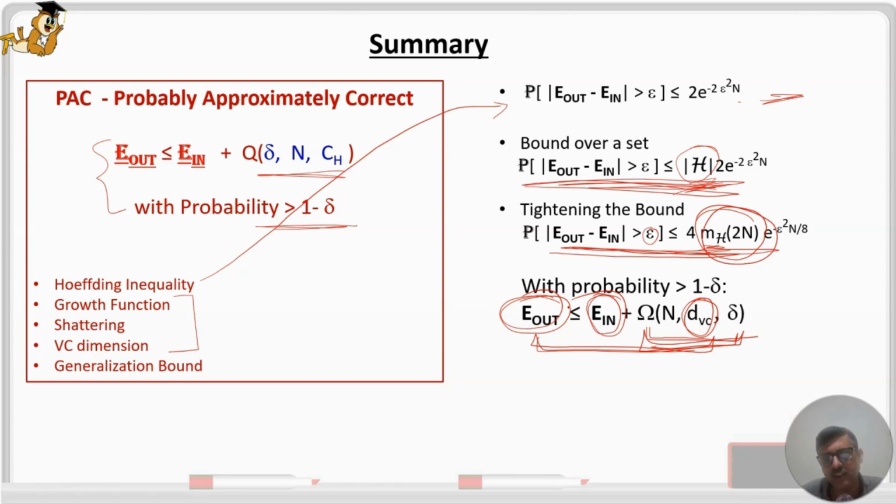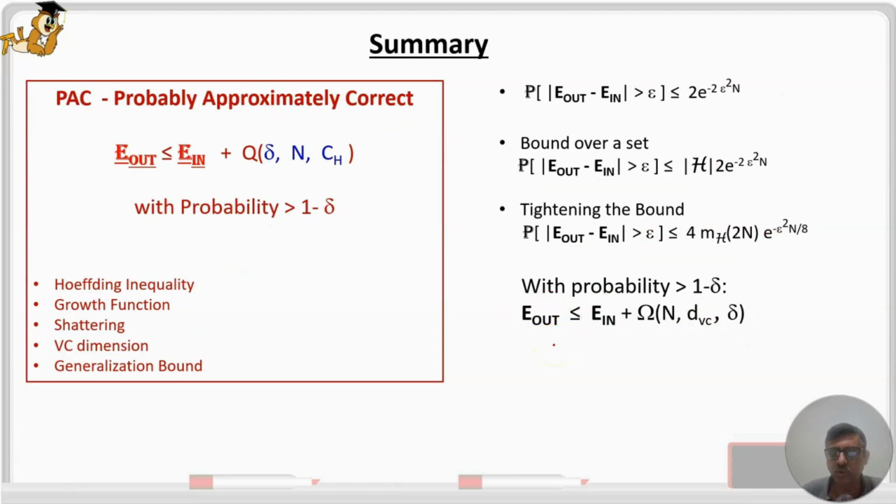That means generalization is possible, which means learning is possible. You can pick a hypothesis set which gives you smaller and smaller E in, and as long as the VC dimension of that hypothesis set is not infinite, your E out can also be made smaller and smaller. So this was the conclusion of today's lecture.